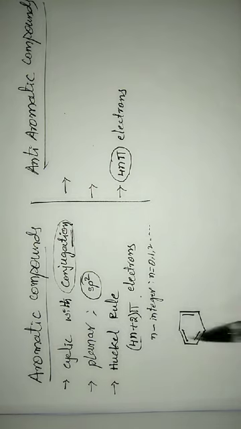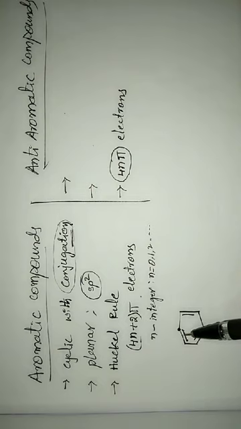Next, planarity. The valency of carbon is 4, which means it can form 4 bonds.